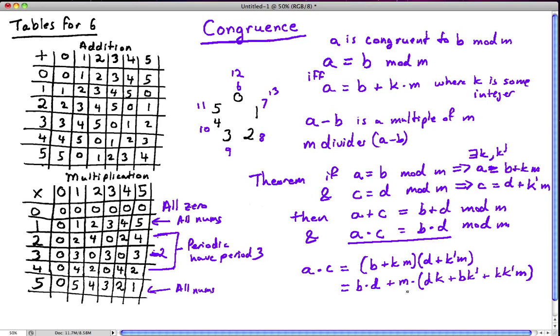And we notice that all of this is clearly a multiple of M. So that means A times C equals B times D plus a multiple of M. But that's the same thing as saying that A times C equals B times D mod M. The two have to be the same.